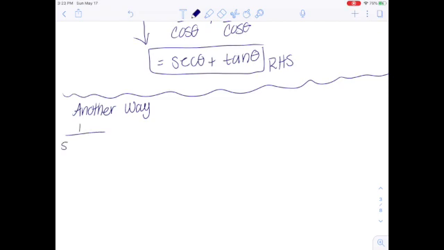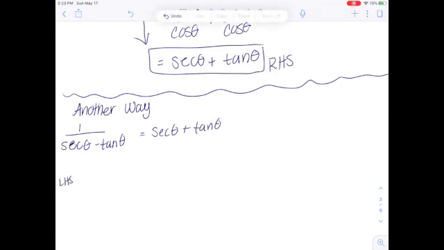So we started off, we wanted to verify 1 over secant of theta minus tangent theta, and verify that's equal to secant of theta plus tangent of theta, right? So I'll show you another little trick. If you had taken, we'll start on the left-hand side of 1 over secant of theta minus tangent of theta. We need to connect, okay?